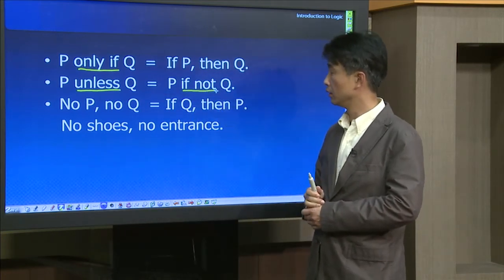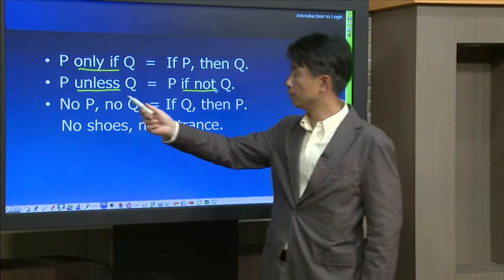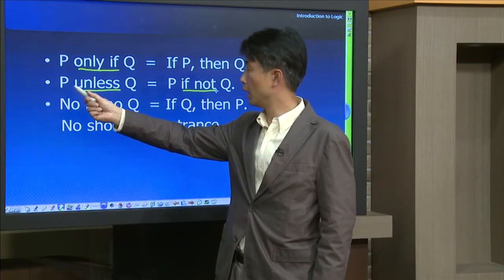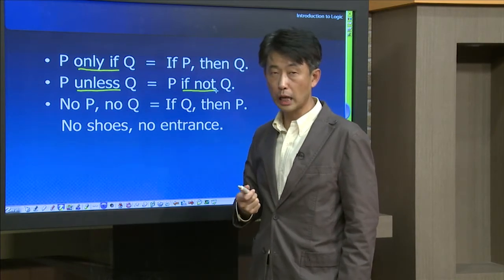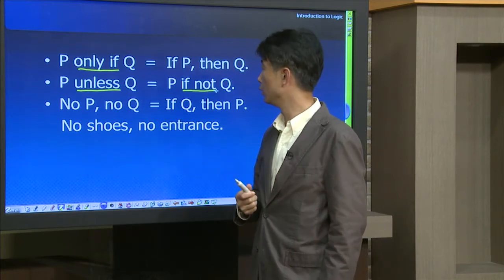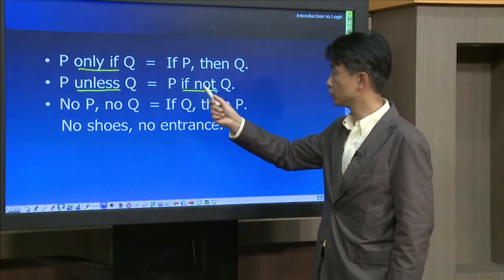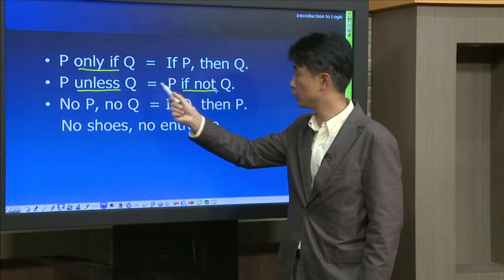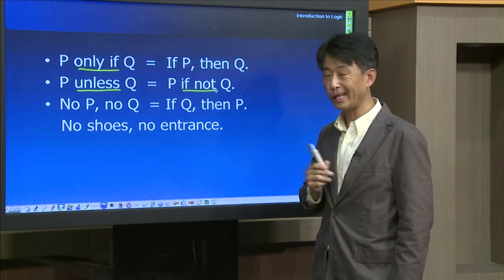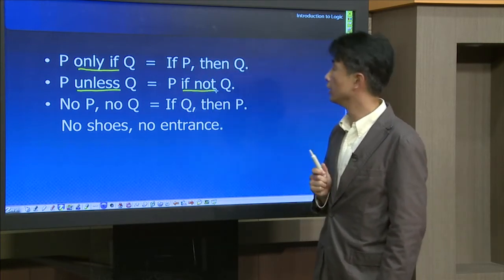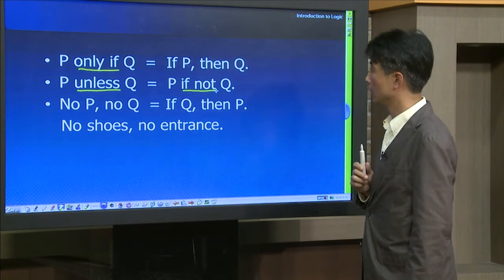So how do you translate P unless Q into a logical symbol? Well, you first translate P unless Q into P if not Q, and then you translate this into a logical symbol.